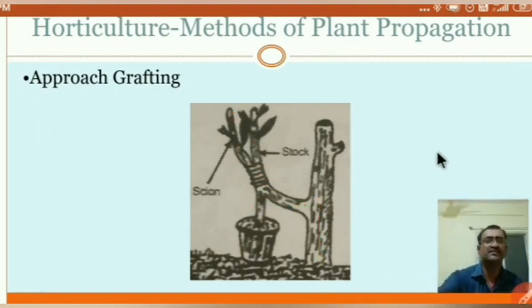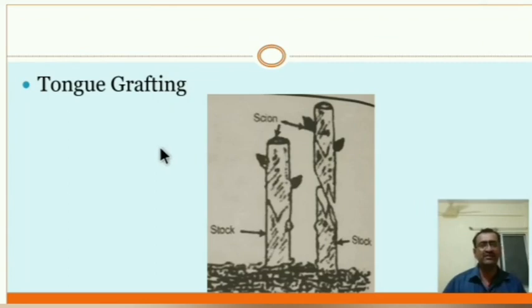Next type is the tongue grafting. Here let us see, two plants are there. This is the stalk, and this is again the stalk of this plant, but this is the scion of this plant. The uppermost part is known as the scion. This is scion, this is scion, this is stalk, this is stalk. Here a tongue-shaped cut is taken.